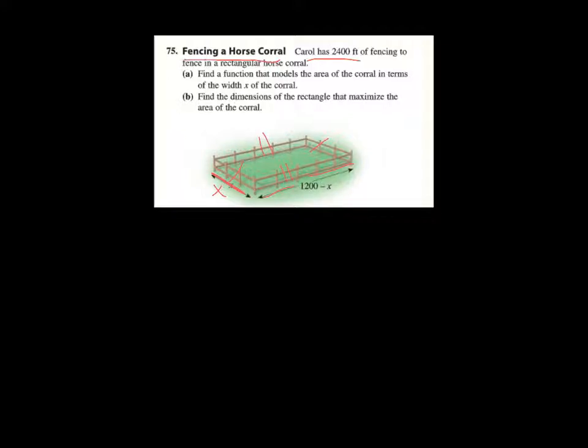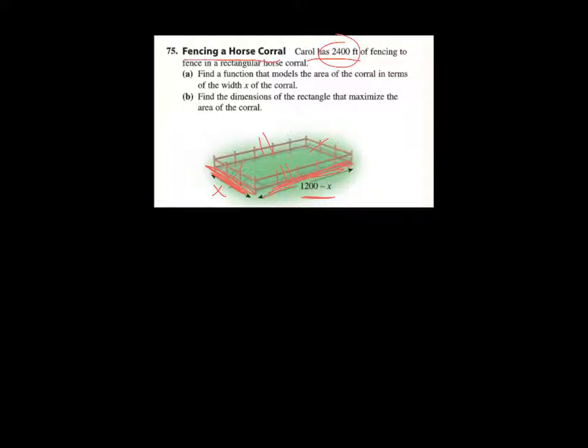So this piece and this piece should be half of all the fencing. If you take half of the 2,400 feet, you use x feet over here, and you only have 1,200 minus x feet on this length. It seems to make sense.